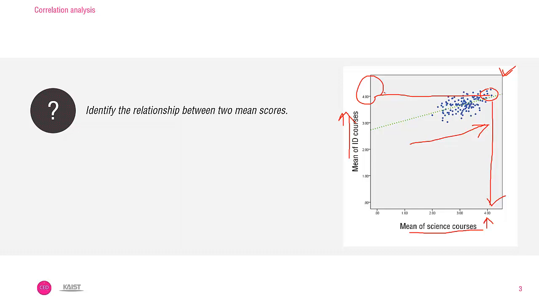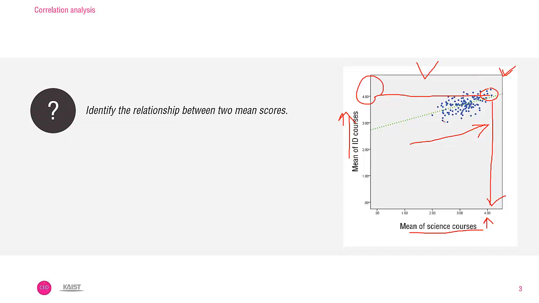In KAIST, it is not allowed to screen the students, so we have to accept all students who have applied for our department. But this scatter plot implies a congruency or consistency of performance between before and after of starting the major courses.